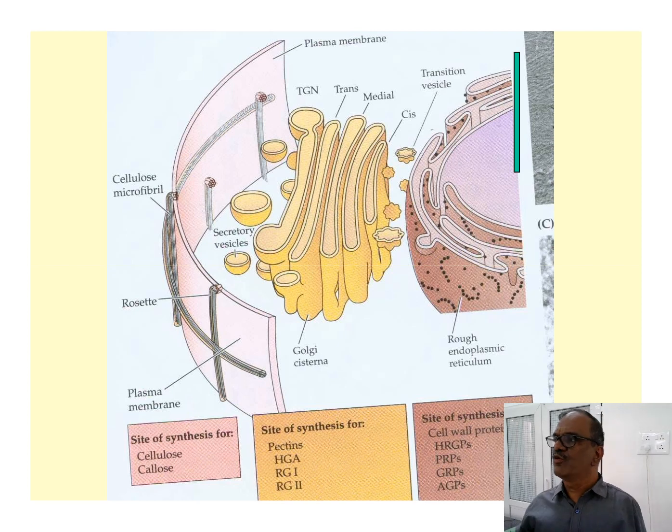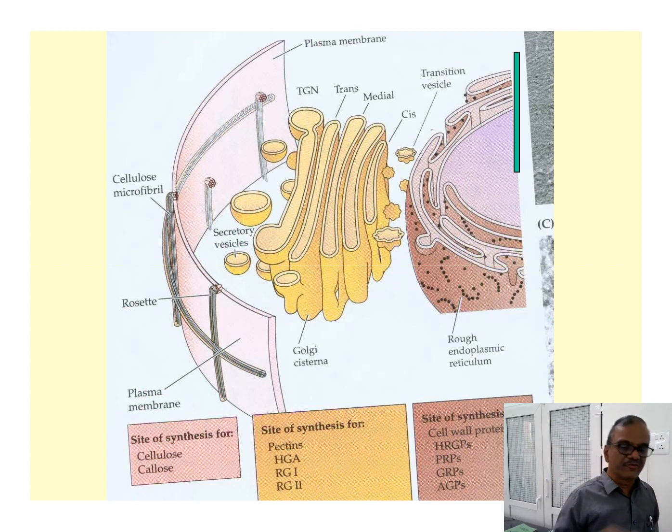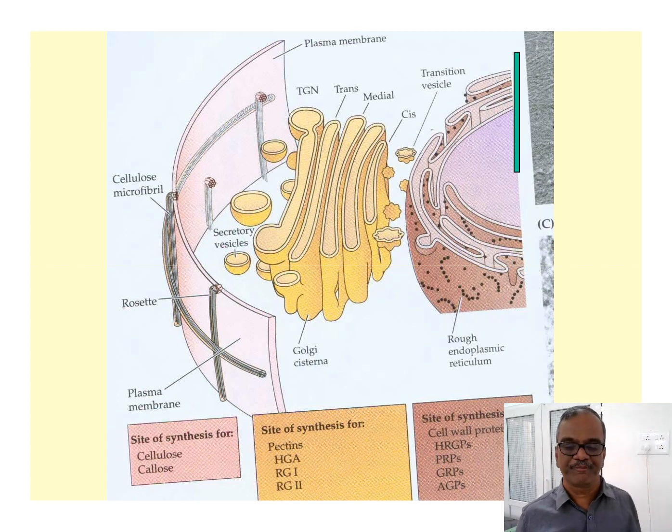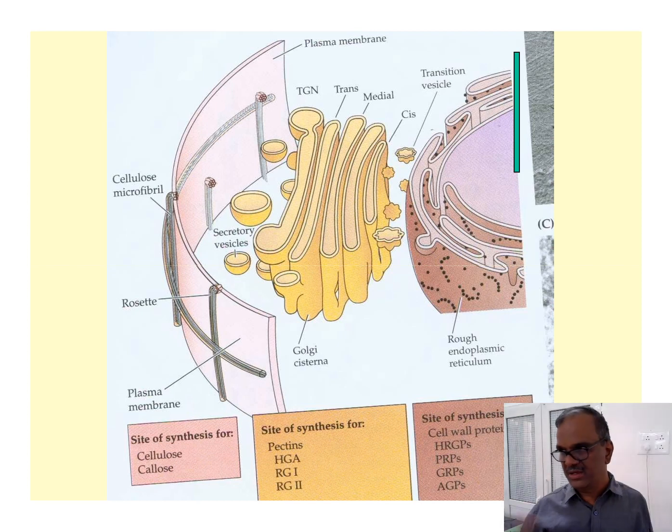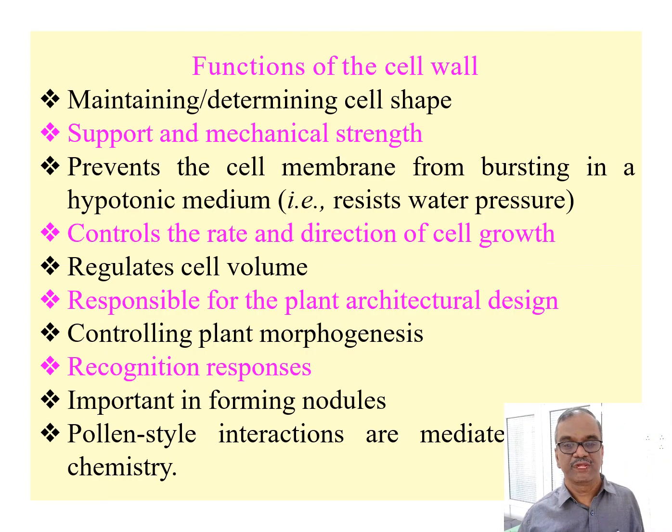Like that, there are so many pectins formed, but the site of synthesis is the Golgi apparatus. Then the site of synthesis for cellulose is the plasma membrane. Part of the same, hemicellulose also in that place only, because both are one and the same except for the glucose modification, and the callose is also formed there. Okay, the last slide is functions of cell wall.